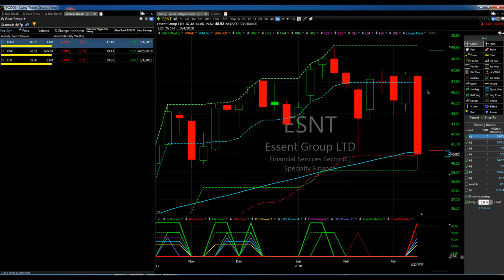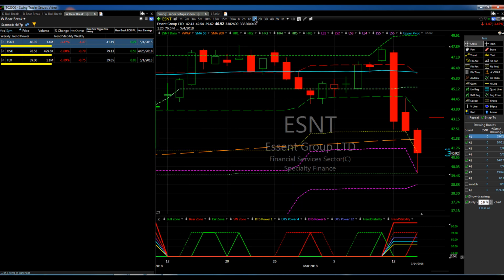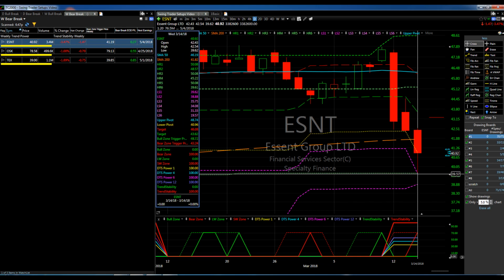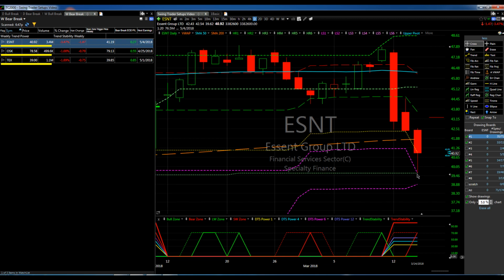Weekly bear. This stock's been coming out for 3 days. Big bear candle followed by 2 more right into a daily support area. And pretty much that line was $39.61 and the low was $39.62.